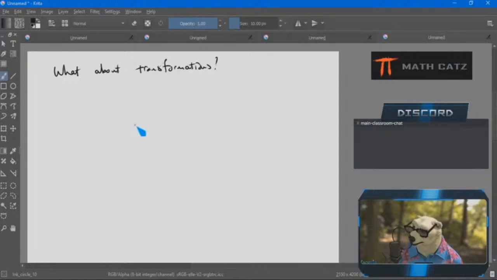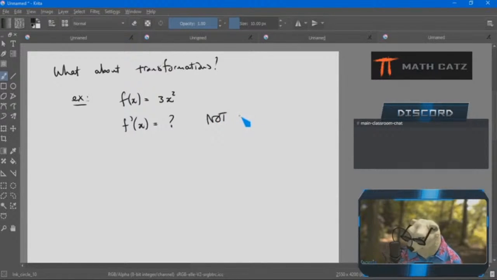We might want to know what the derivative of those functions are as well. So for example, what about if my function is 3x squared? What then? What do I do about that? Right, that's not the power rule. So the question is, what is the derivative? And the answer is not use the power rule.